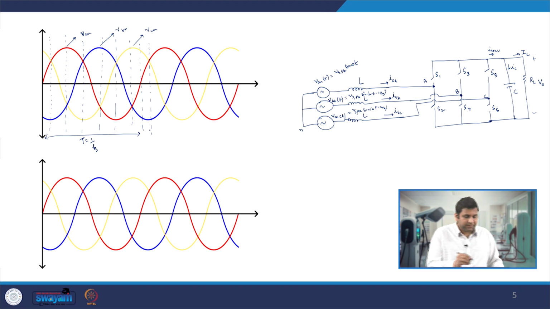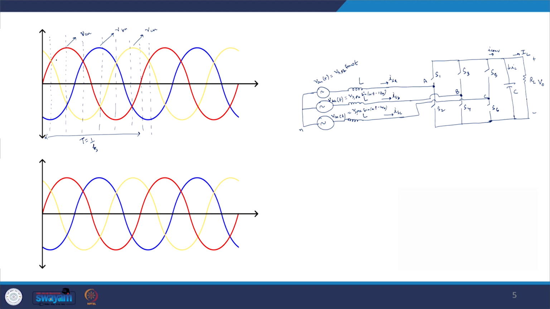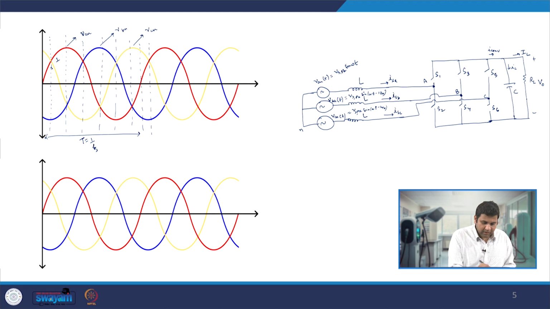Now between this point and this point, we can say this is the first mode, or let me write this as operating portion 1, this side to this side is 2, this side to this side is mode 3, then mode 4, mode 5, and this to this mode 6.